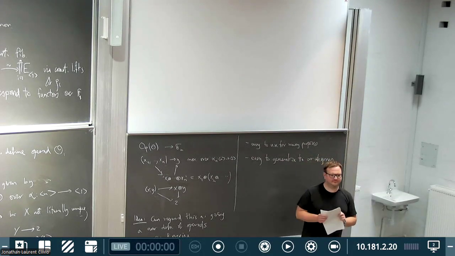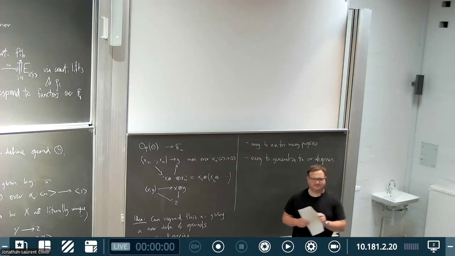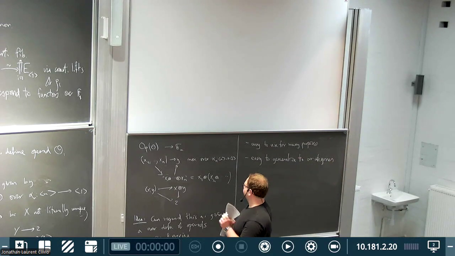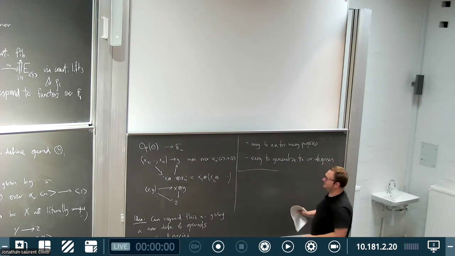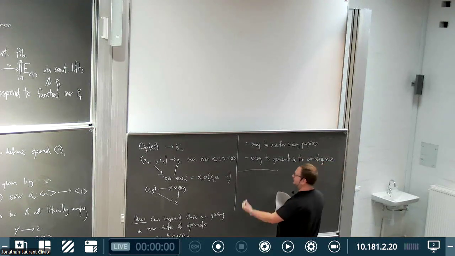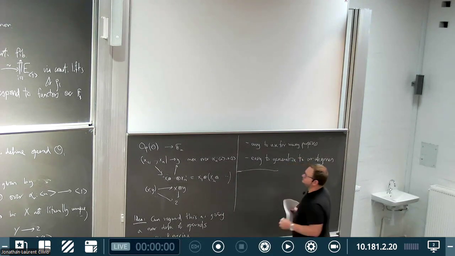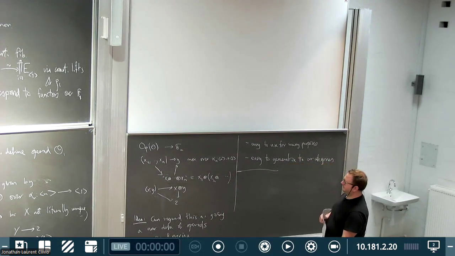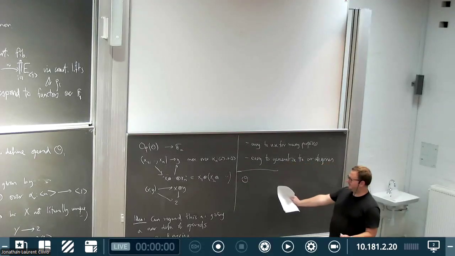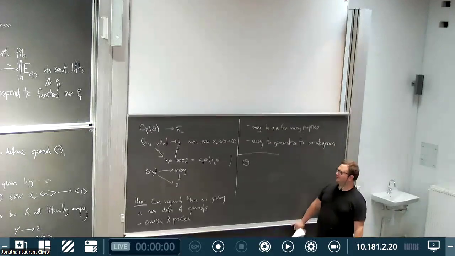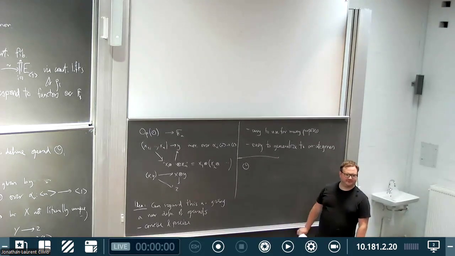Can you say one more time what you mean by this tensor product x1 through xn? What is it that you want to say? Right. So let's say I have some operad, and I want to figure out when it comes from a symmetric monoidal category.